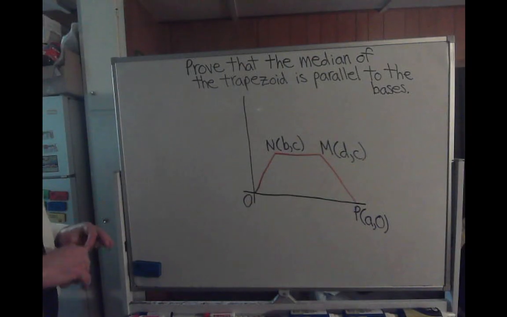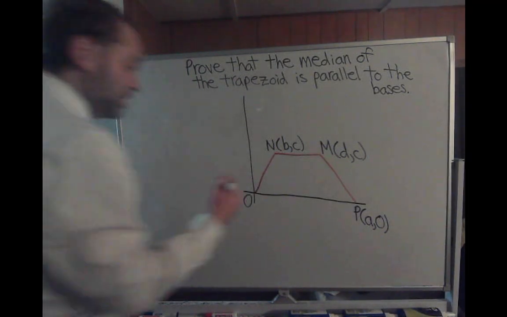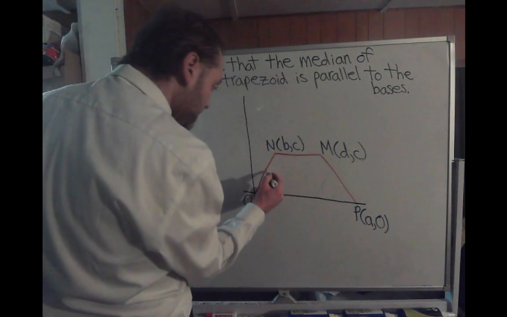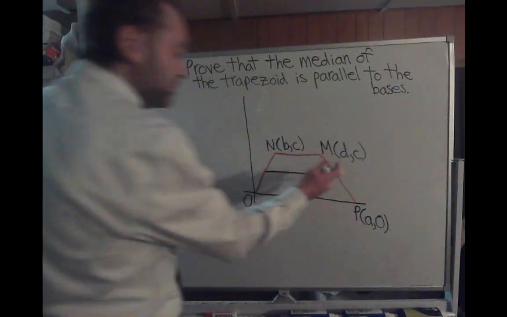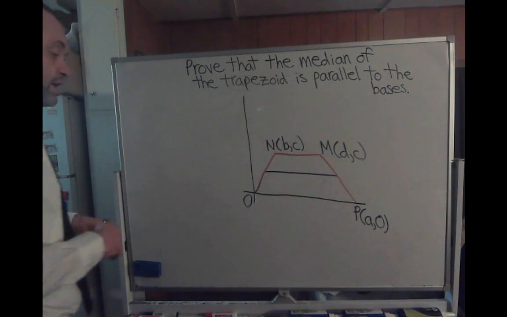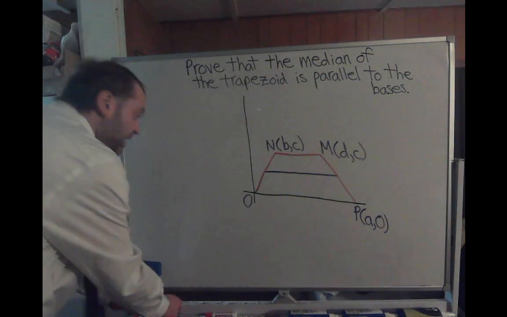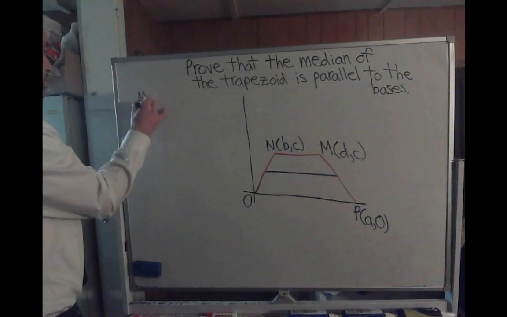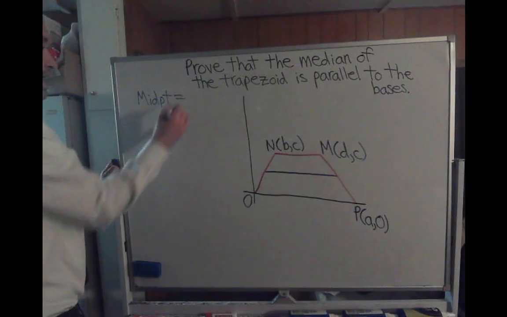Well, I think it would help if we found where the median of the trapezoid is supposed to go, right? Why don't we draw the median of the trapezoid? The median of a trapezoid always goes from the midpoint of one leg to the midpoint of the other leg of the trapezoid. So if we were to find the midpoint of side ON, let's find the midpoint of ON. What do we have?